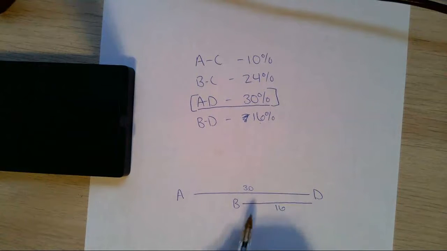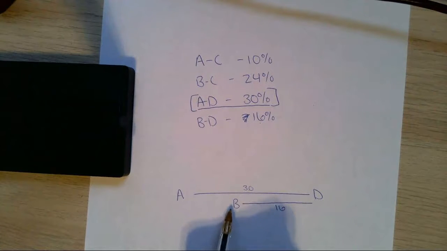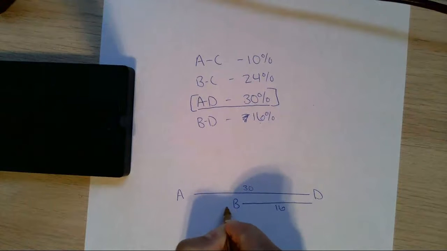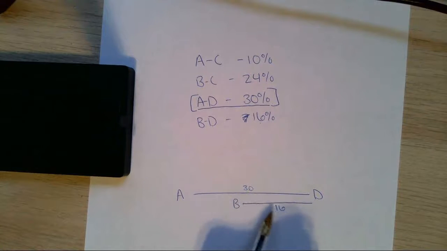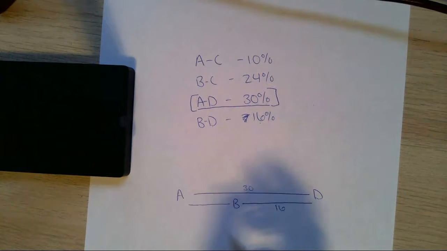So now I see that B is there, okay, 16. So that means that there are 14 map units between B and A, right? Because 30 minus 16 is 14. So even though we know that B and A are not connected in any way, we could still say that this is 14 because we know that that's the distance.